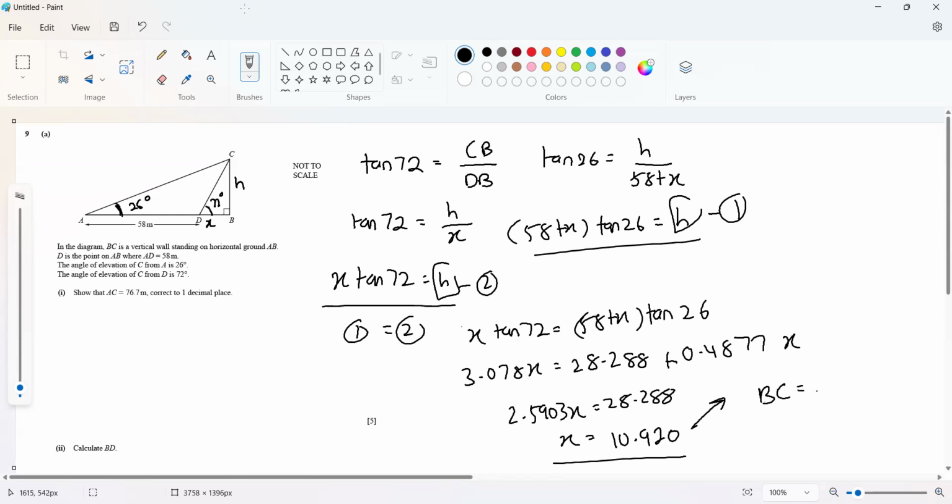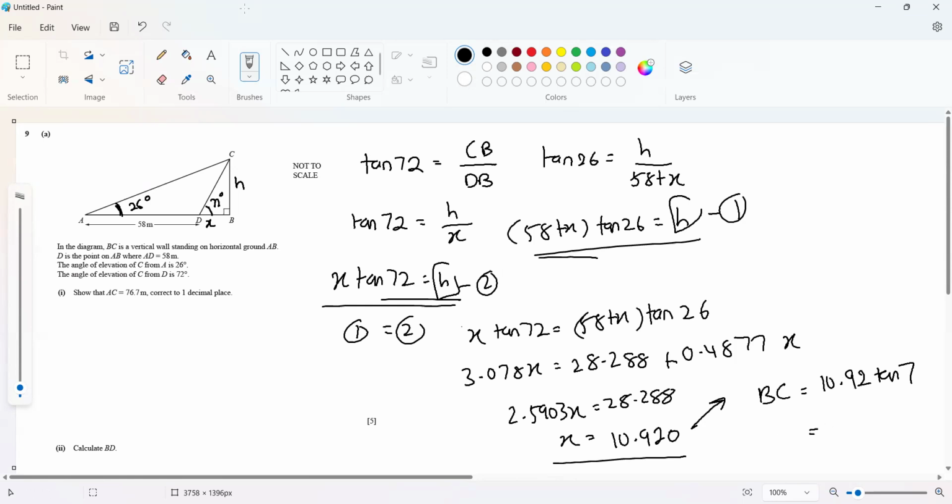So since x equals 10.920, from here we can calculate our BC, or our H. So our H would simply be 10.92 multiplied by tangent 72. You can use either equation 2 or equation 1, right? You'll get the same answer, yeah? I use equation 2 because it's easier.